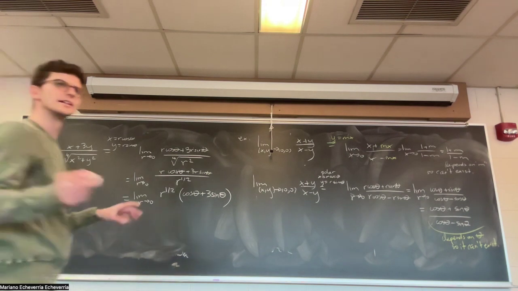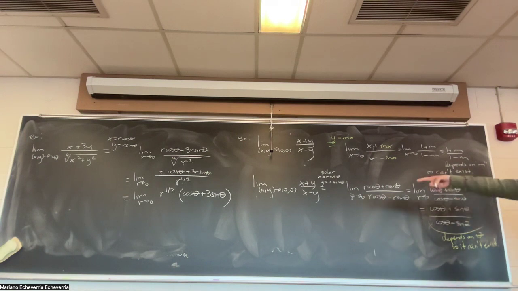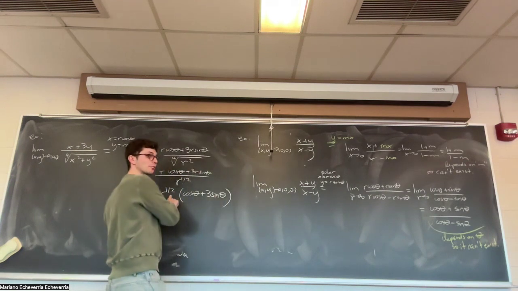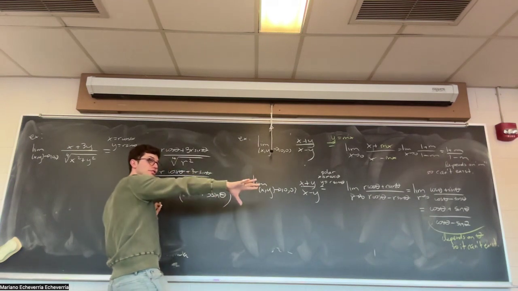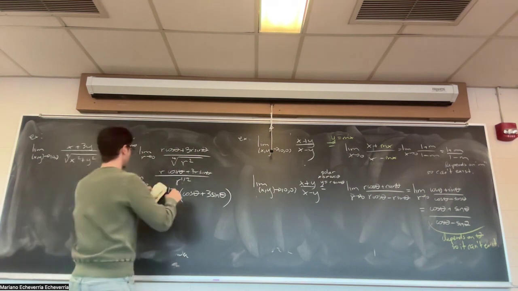Is that making sense? Okay. And this is a good comparison between what happened here and what happened there. Here you have an expression that involves theta, but there's something with r that is trying to go to 0. In fact, I can write this as root of r to make it more clear.